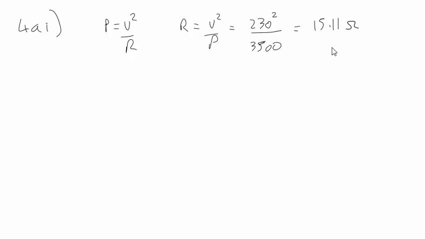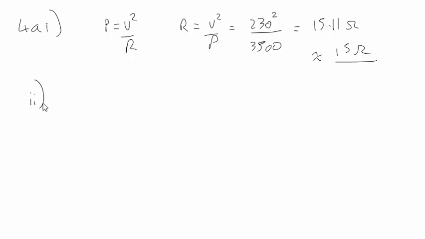Well, for this we can use power is equal to V squared over R. So R is equal to V squared over power, which is 230 volts squared over 3,500 watts. This comes out at 15.11 ohms, which is around 15 ohms as required.